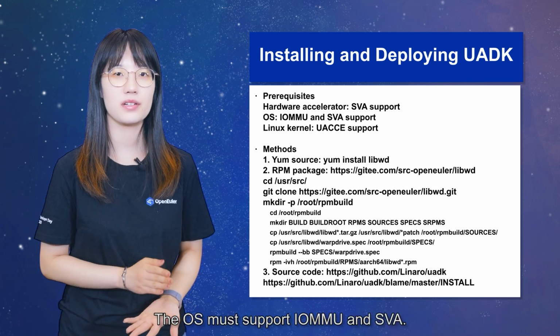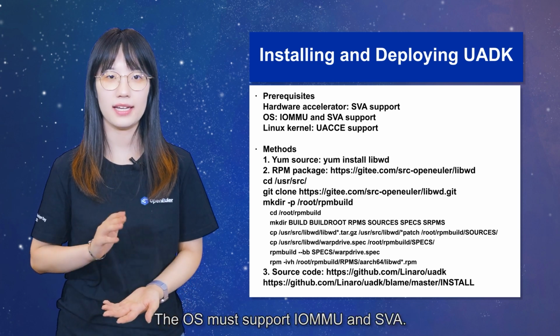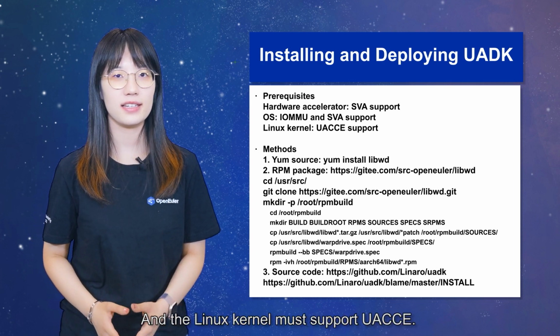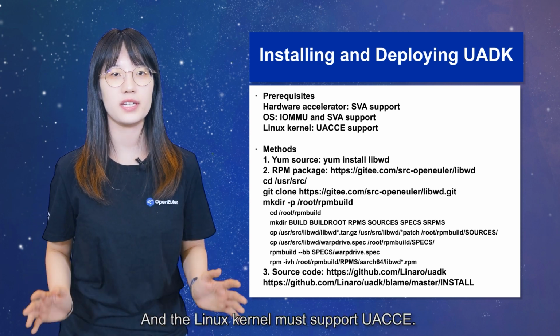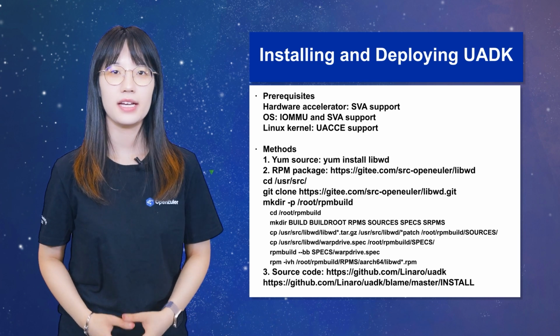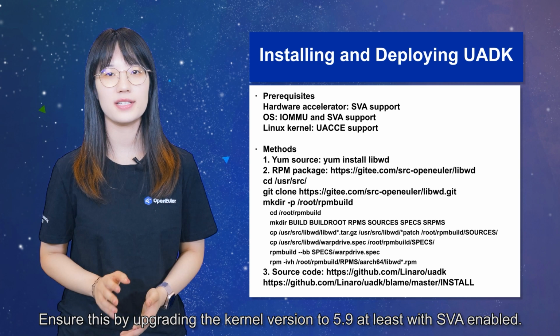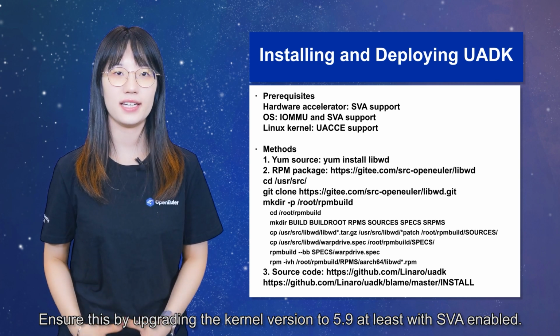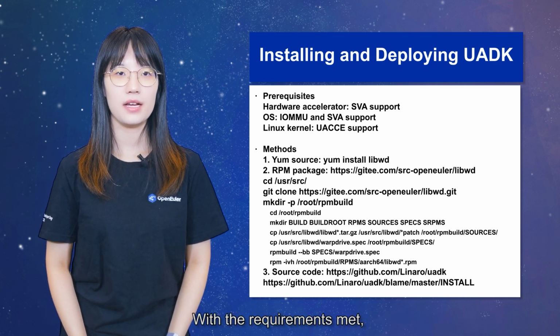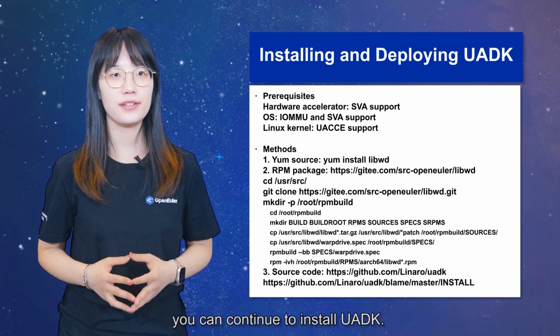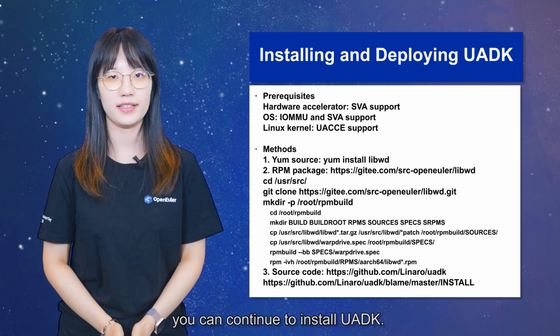The OS must support IOMMU and SVA, and the Linux kernel must support UACCE. Ensure this by upgrading the kernel version to 5.9, at least with SVA enabled. With the requirements met, you can continue to install UADK.